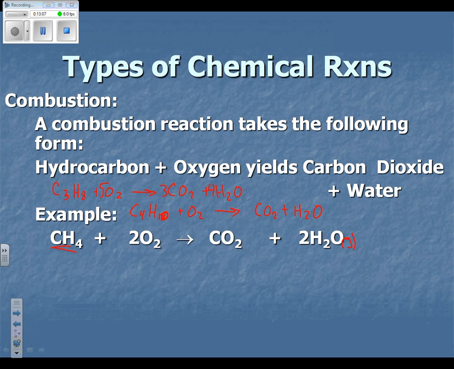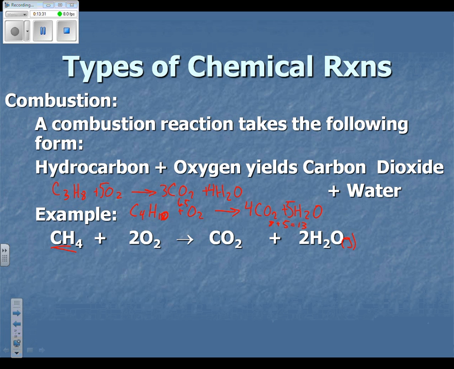This one's a little more tricky to balance. I have 4 carbons here, so I would start with a 4 there. And then I have 10 hydrogens on the reactant side, so I'll put a 5 there, so that I have 10 hydrogens on the product side. And then when I look at my oxygens, I have 8 plus 5. That gives me 13. 6.5 times 2 is 13.